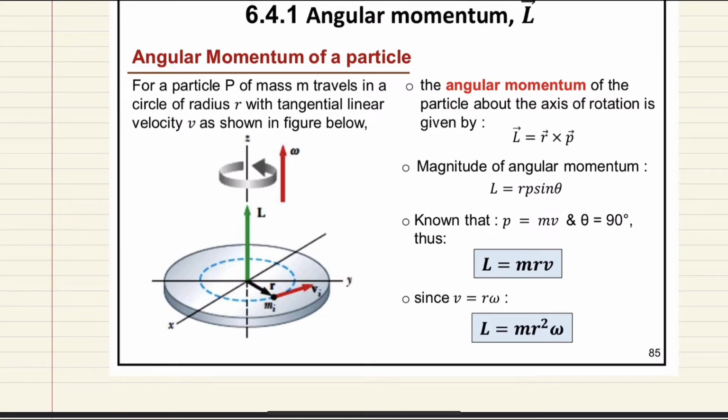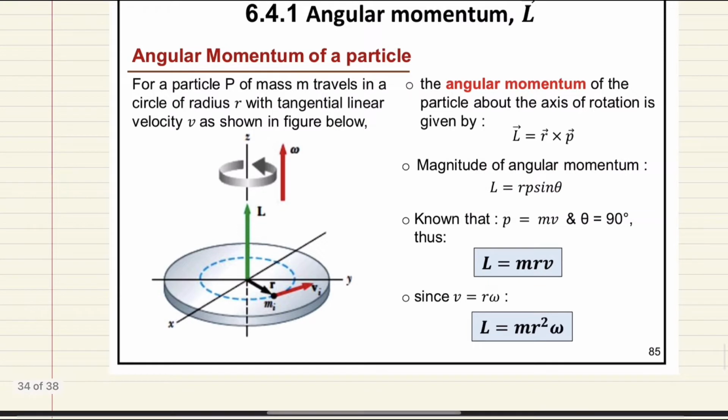This one is actually just the derivation, so I'm going to go through it faster now. It comes from this formula because it's a cross product, so you have r p sine theta. Since we have linear momentum, p equals mv, you can substitute inside here and it becomes this equation.